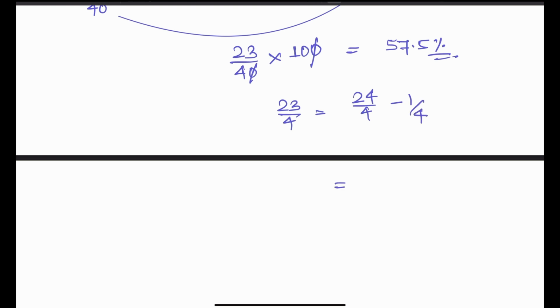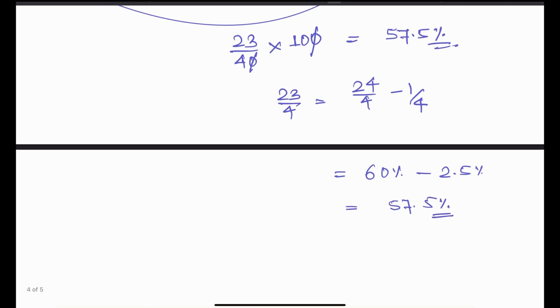So 24/4 is 60%, and minus 1/4 is 2.5%. So eventually it will be 57.5%.